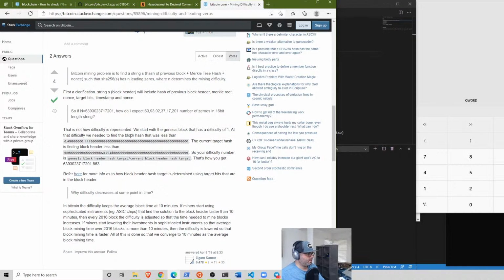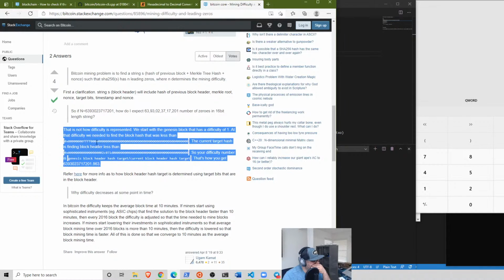We define a block that was less than, why is that 1?